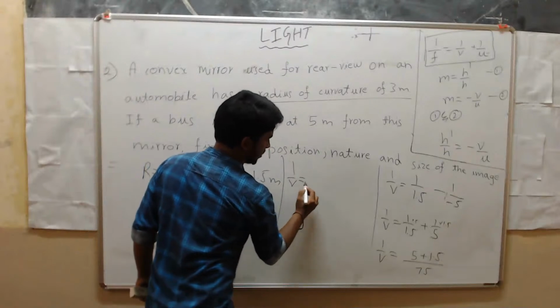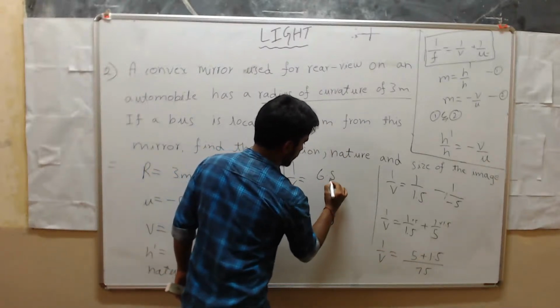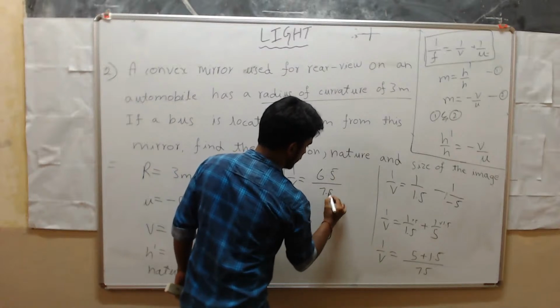Now 1 by v equal to 5 plus 1.5, that is 6.5 divided by 7.5.